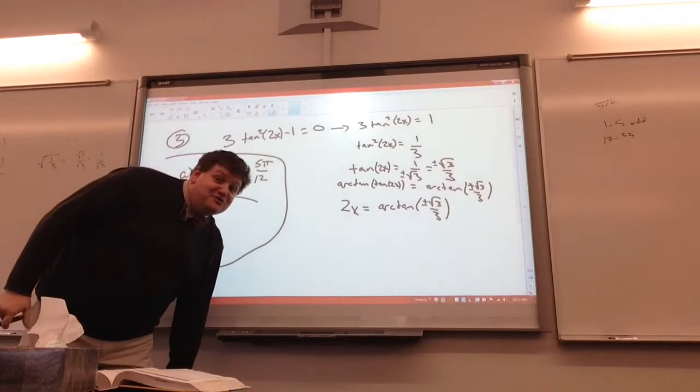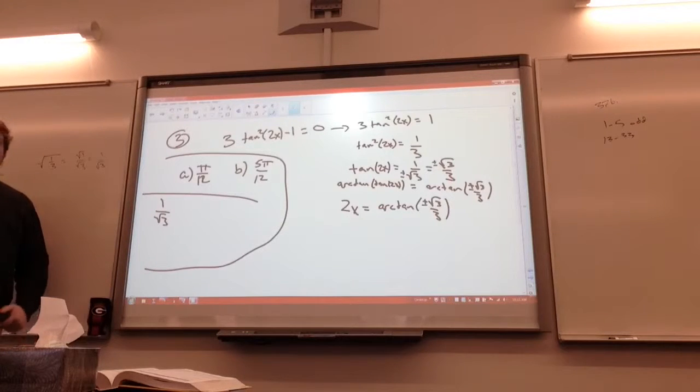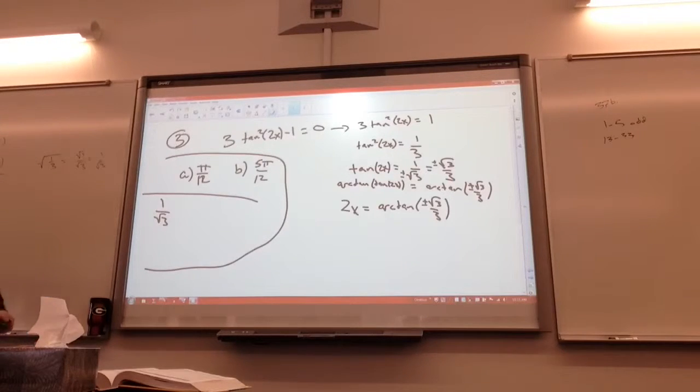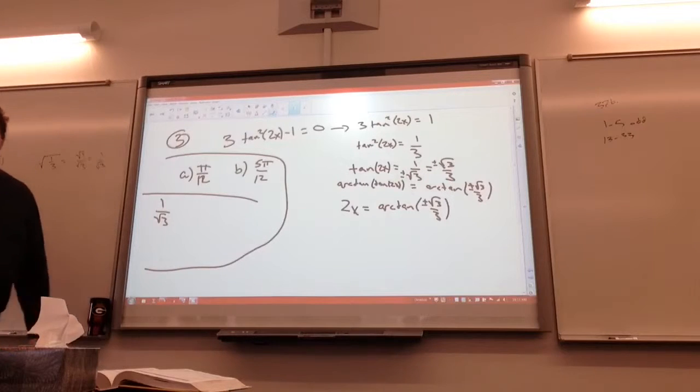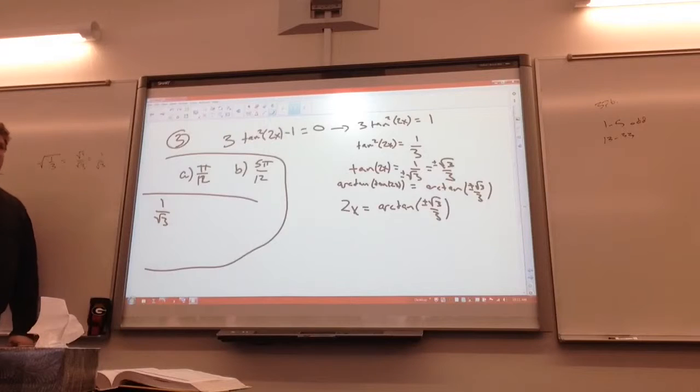But technically speaking, you're not supposed to have a radical in the denominator. Some stodgy old mathematician in the 18th century made that rule up. That's a load of stupidity.